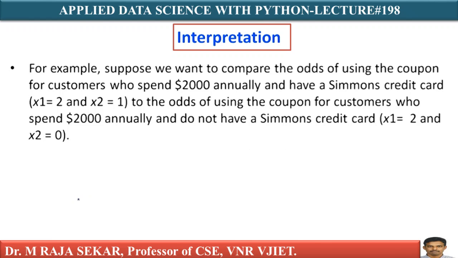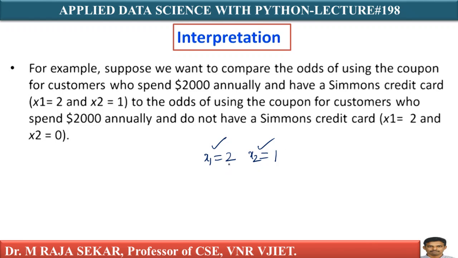We want to compare the odds of using the coupon for a customer who spent $2,000 annually and has a Siemens credit card. X1 equal to 2 means customers who spent $2,000. X2 equal to 1 means having a Siemens credit card.